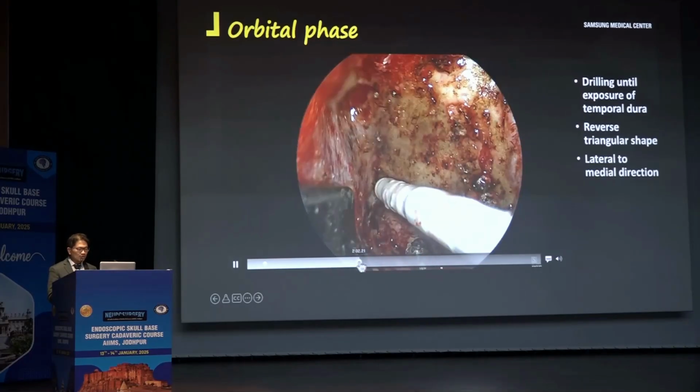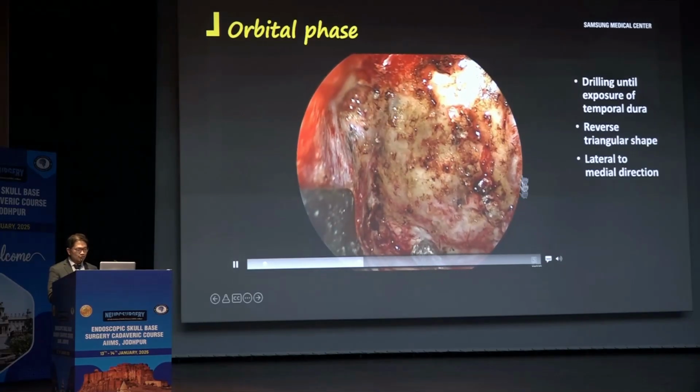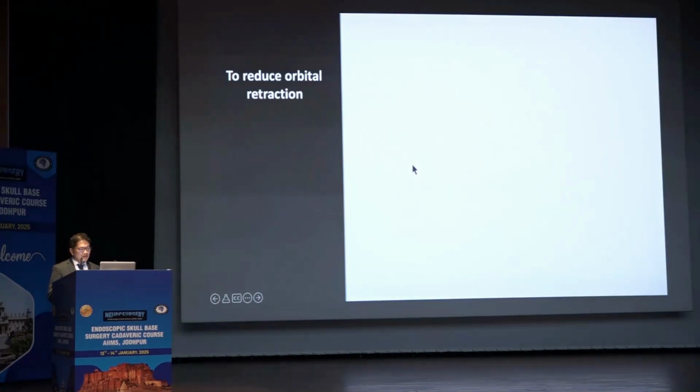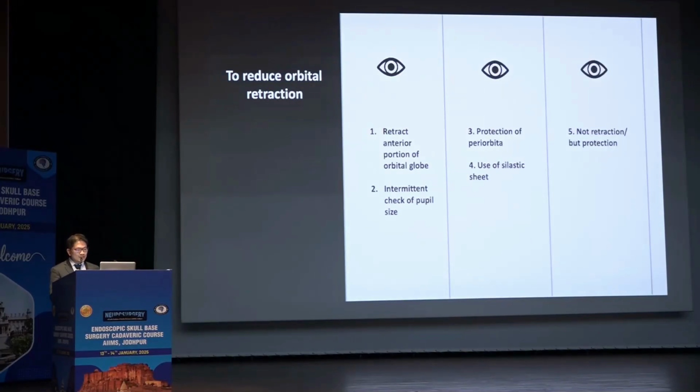And we coagulate the dura. This is the meningo-orbital band, the periorbita, the temporal dura. And to reduce the orbital retraction is a very important point. We need to retract the anterior portion of the orbital globe, no problem. And also sometimes we intermittently release the orbital retraction to check the pupil size.